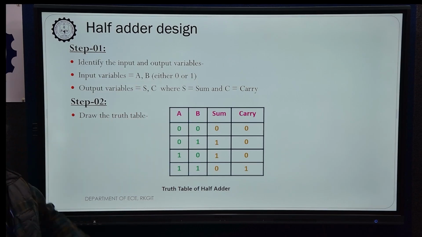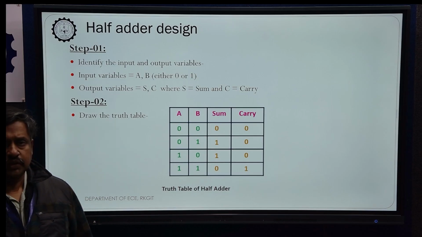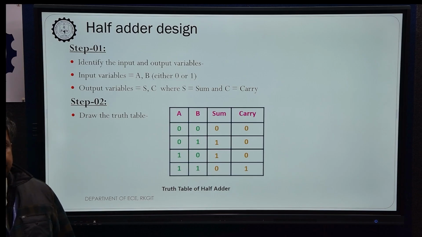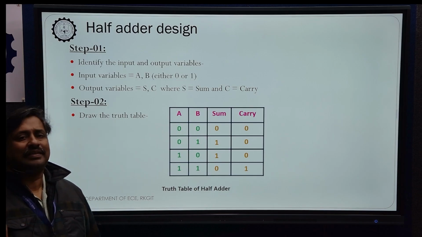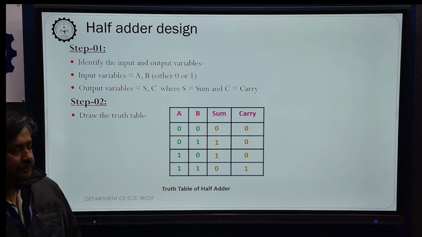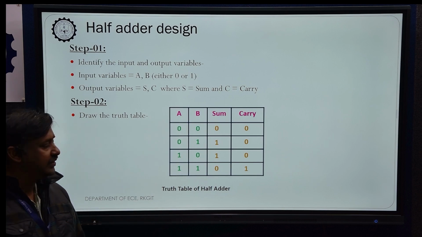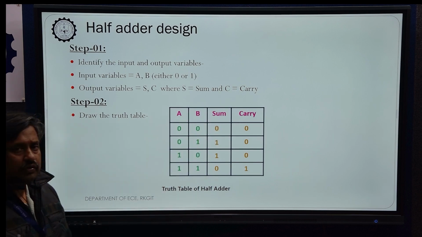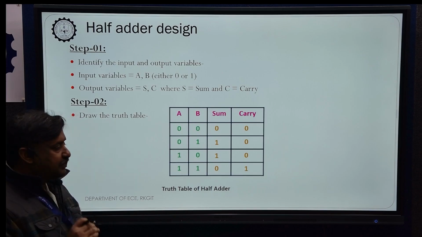The second step is to draw the truth table. As mentioned, before designing any combinational circuit, we first form the truth table that represents the input-output relationship. A and B are the inputs, and sum and carry are the outputs. I will explain the inputs one by one.